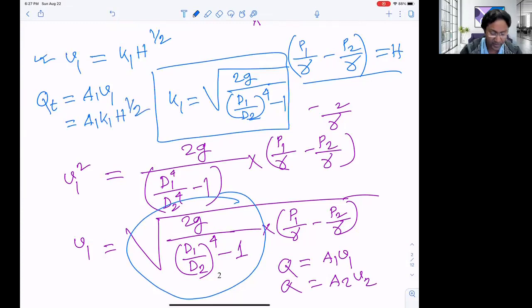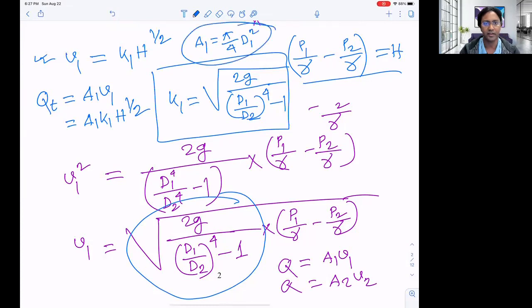And A1 is also constant for a specific setup, because A1 is equal to pi by 4 D1 square. It is a constant value because the diameter is fixed, we are not changing it. So we can replace A1 and K1 by K, and H to the power half.